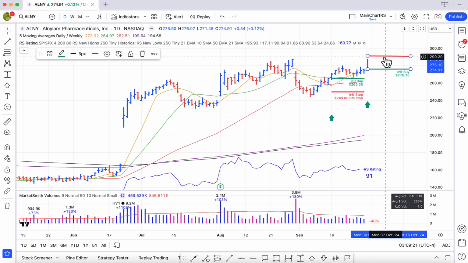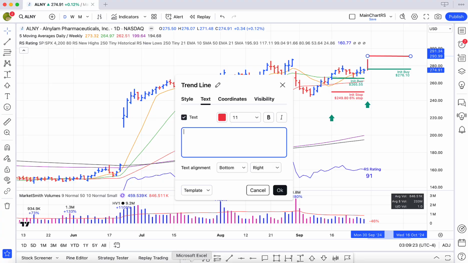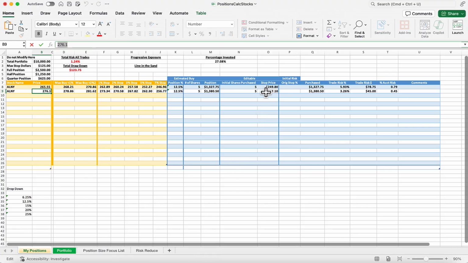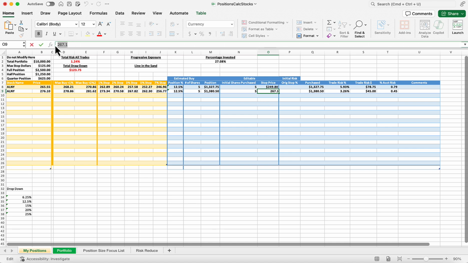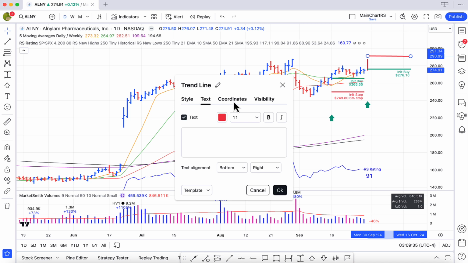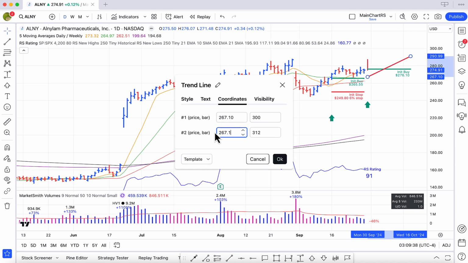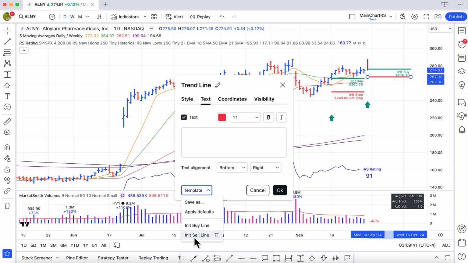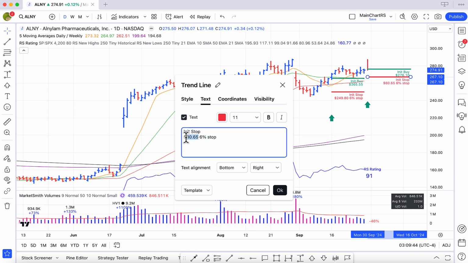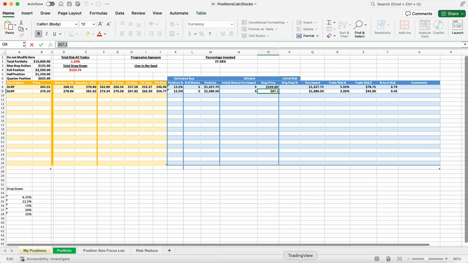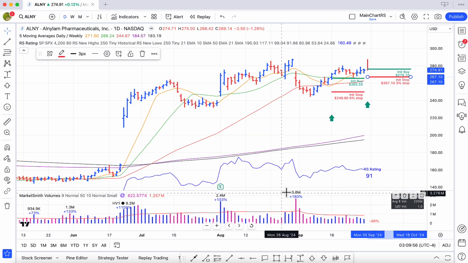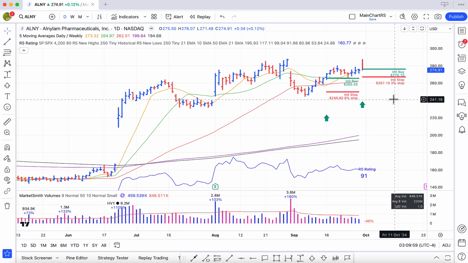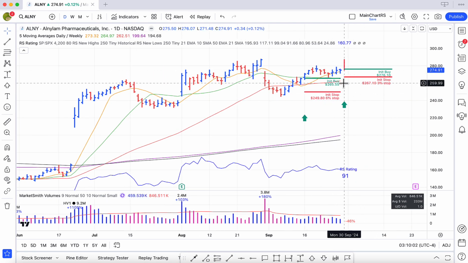So I can see where I bought it, and then again, I do the same for my stop. 267.10. Same thing, put a sell line, put my sell price, and I'll put in the percentage of the second stop, 3.2. I don't usually put in the percentages, I just put 3 or 4 or whatever. But now you can see that I can visually see how both trades are behaving.